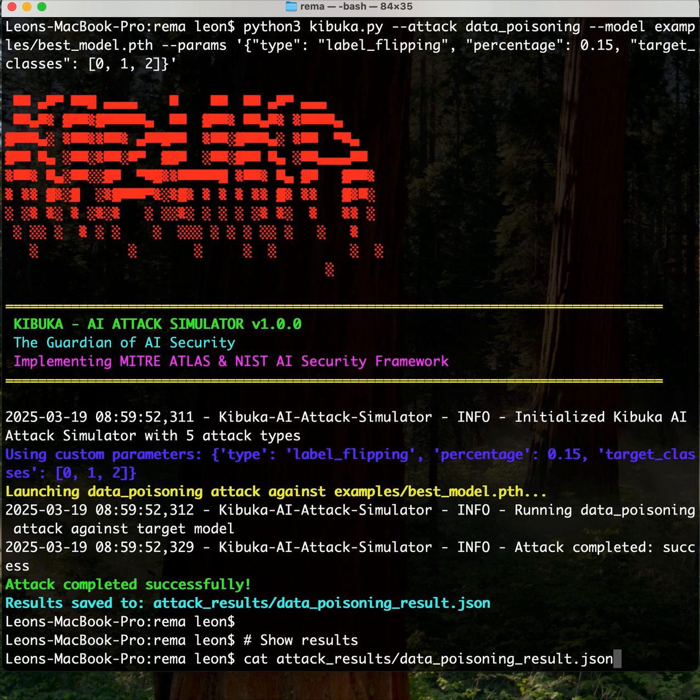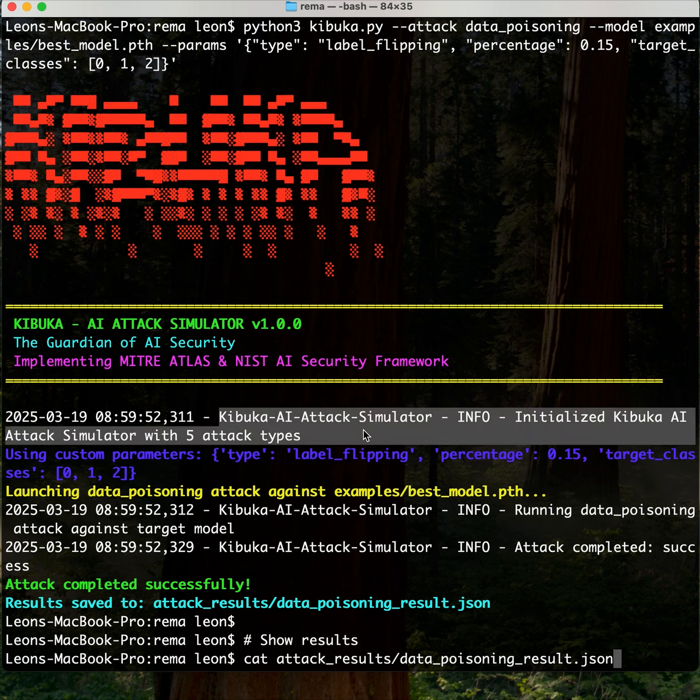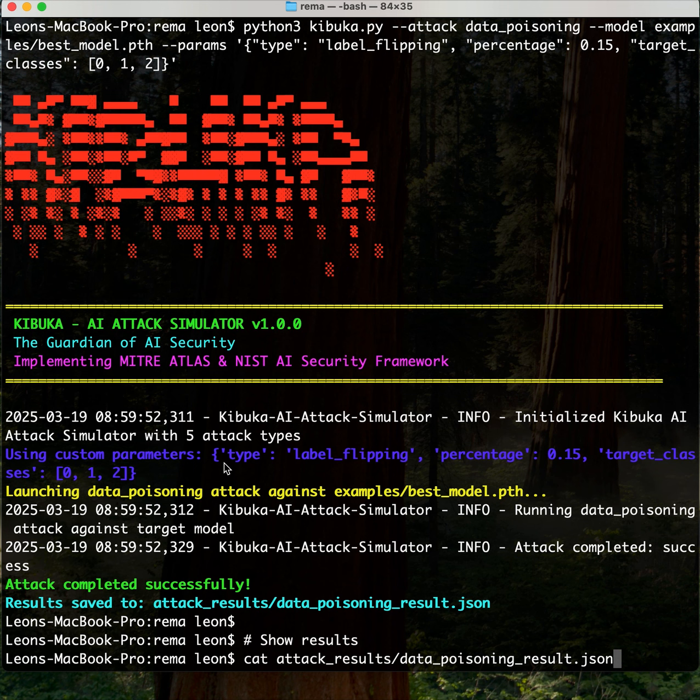If you look at this first one, we can pass the different parameters, a percentile, and then a target class. And then Kibuka will launch a data poisoning attack against the test model.